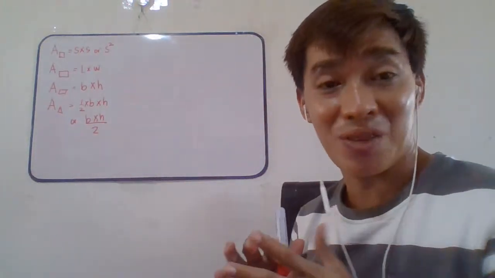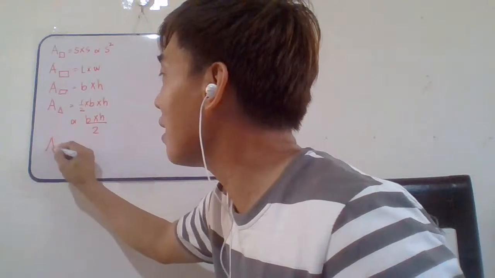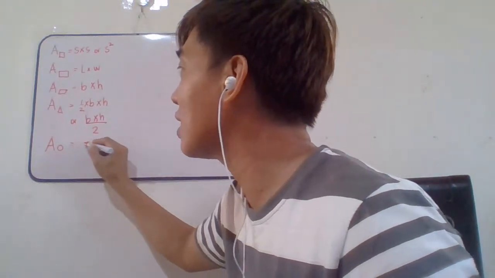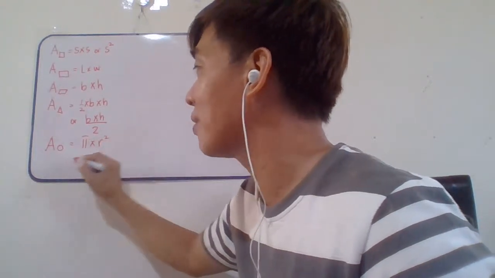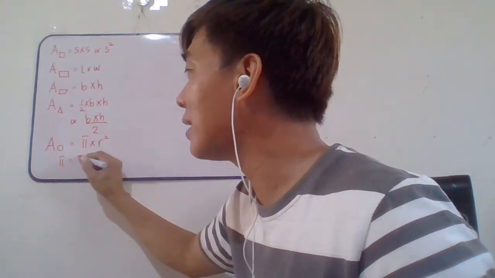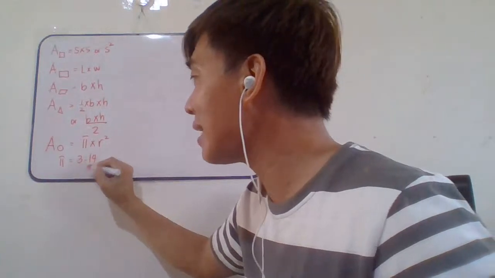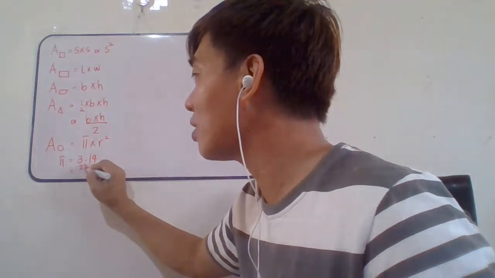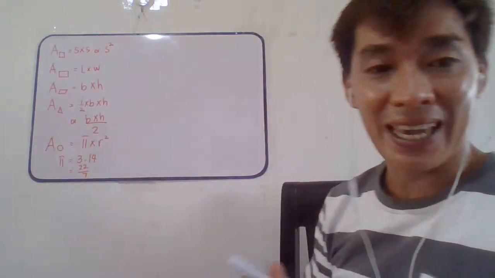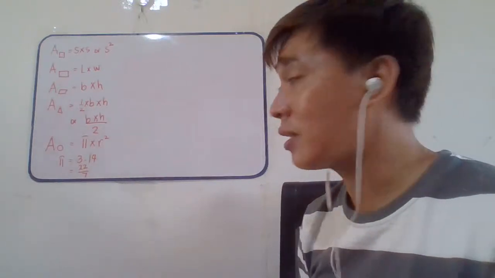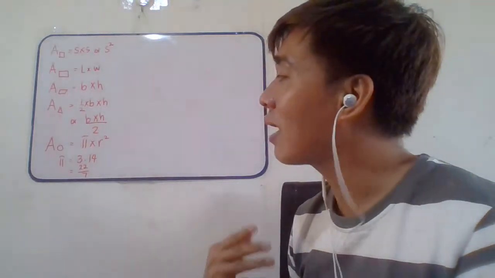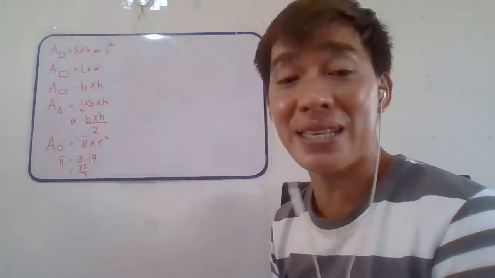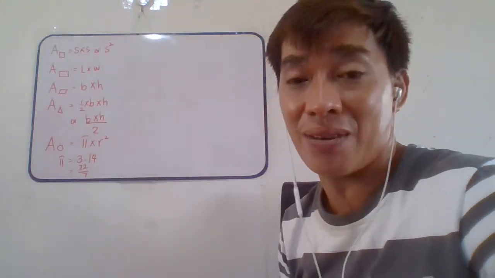Always remember that one. And the area of the circle is equal to pi times radius squared, where pi could be 3.14 or 22 over 7. I would also suggest that if the radius is 7 or divisible by 7, use 22 over 7 as the value of pi.